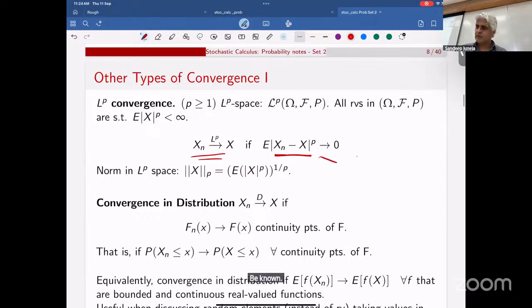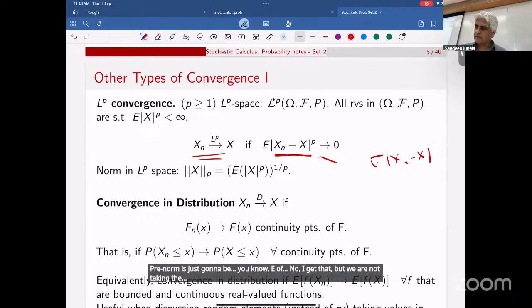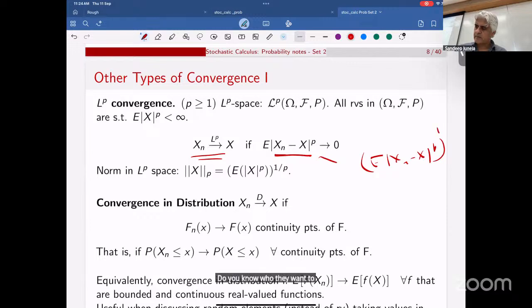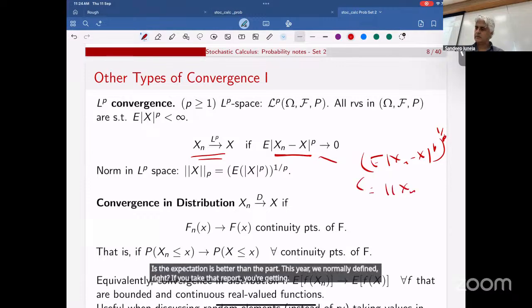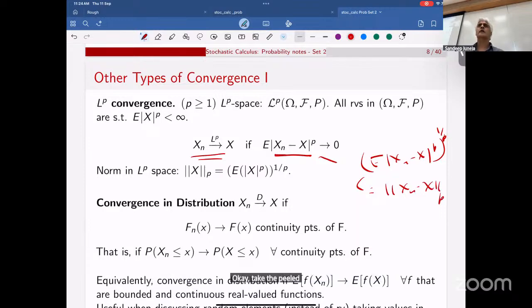The P norm to the power P is the expectation. Just see how the P norm is defined. If you take the pth root of that, you get the P norm. Yes, okay, I understand. So this goes to 0, same thing.